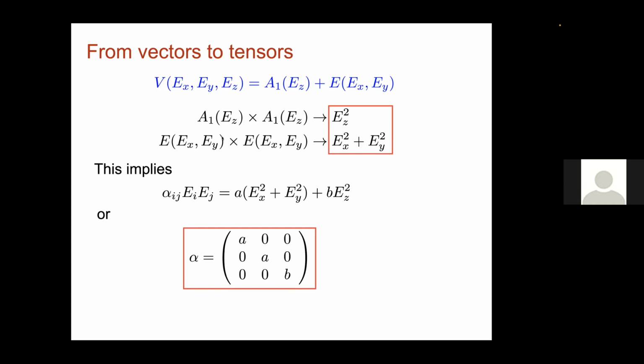Well, the reason I write this is because, as we'll see, this thing belongs to this product representation. Why? Well, it's very simple. This transforms according to A1, this transforms according to A1. This is really the tensor product of this space with itself. There's only one element.